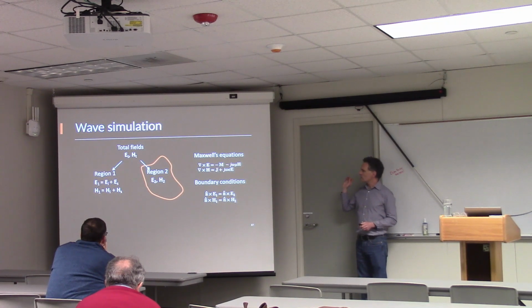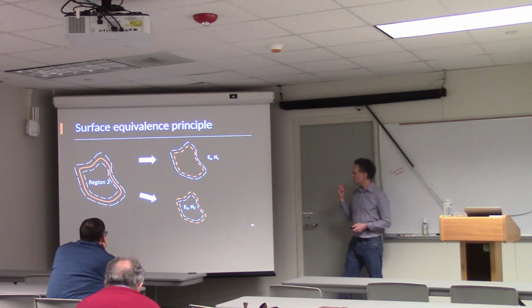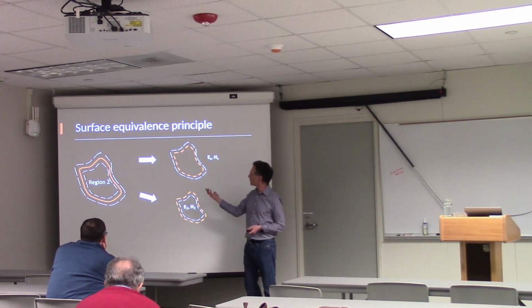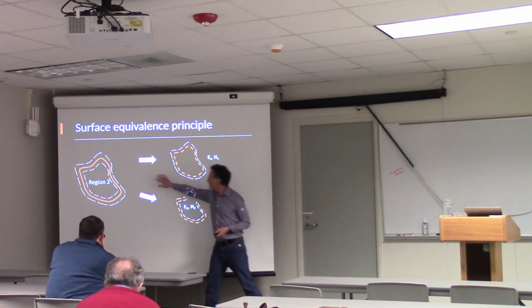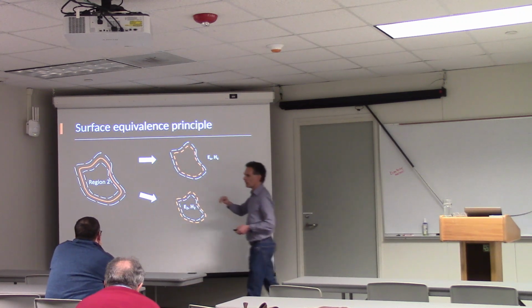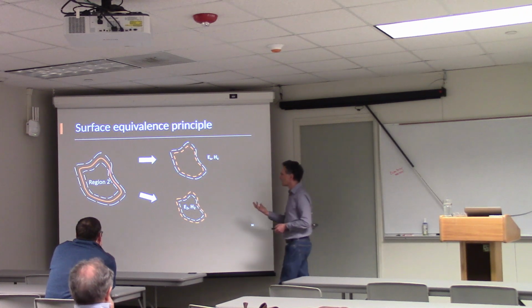So the question is, how do I actually solve a problem like this? The idea of the boundary integral formulation of the problem is to recognize that the fields that you find in the space outside and inside your object are not just arbitrary functions, they are a very special class of functions.